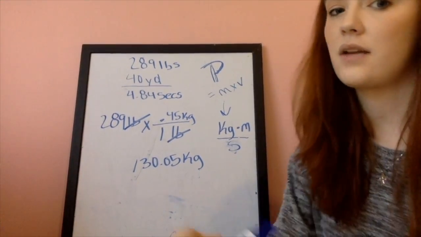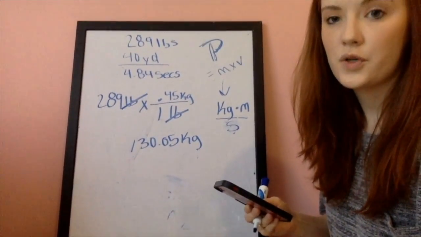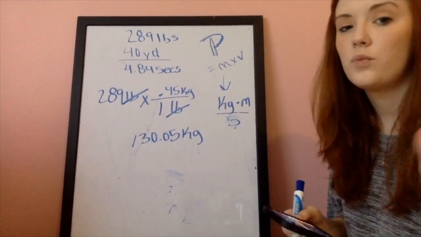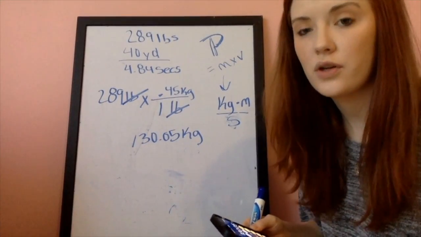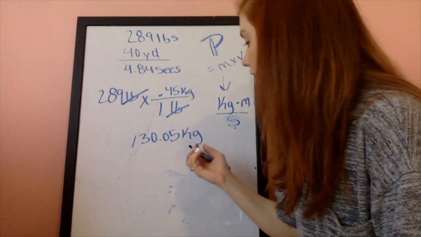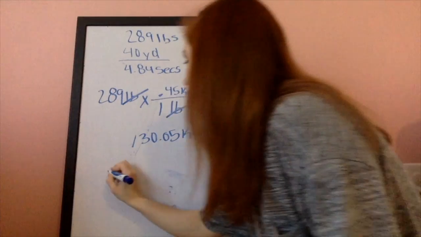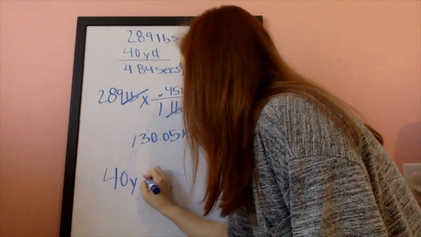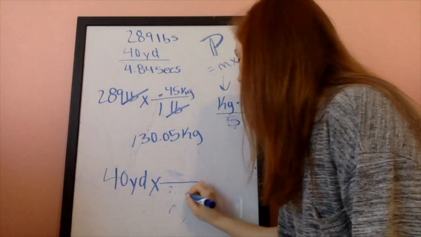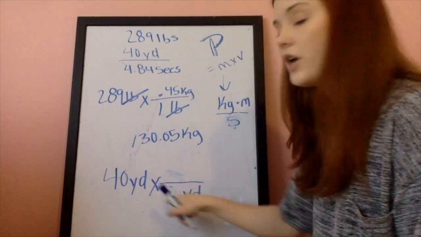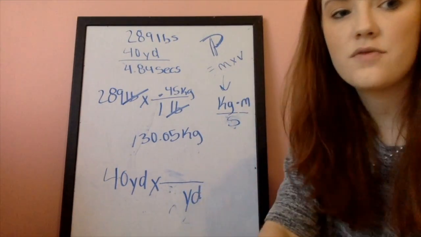So now we're going to convert 40 yards per 4.84 seconds to meters per second. So how do we do that? Well, seconds doesn't need to get changed, so there's no conversion necessary for that. So let's go ahead and convert 40 yards. Yards is going to be on our bottom because we want it to cancel out, right?